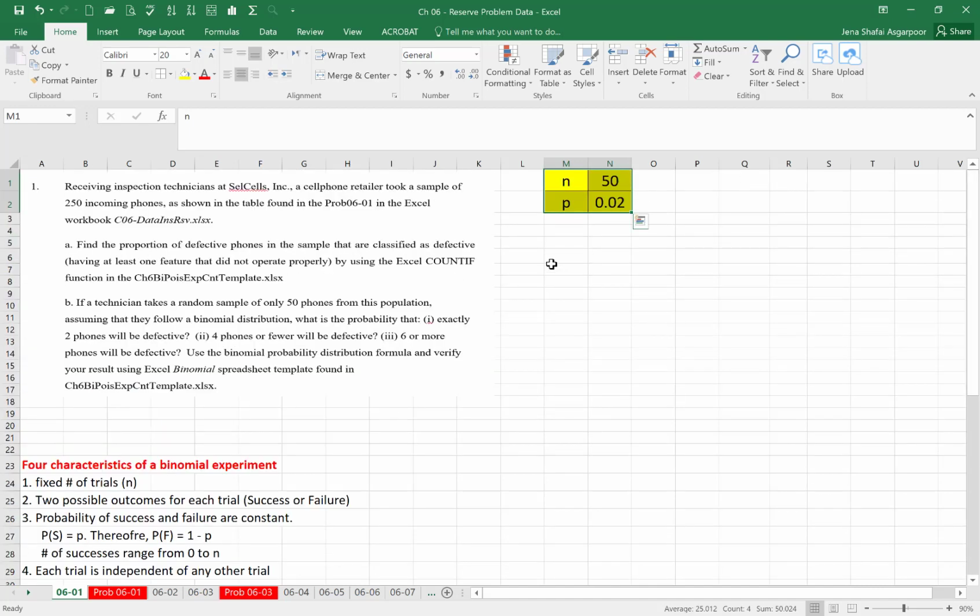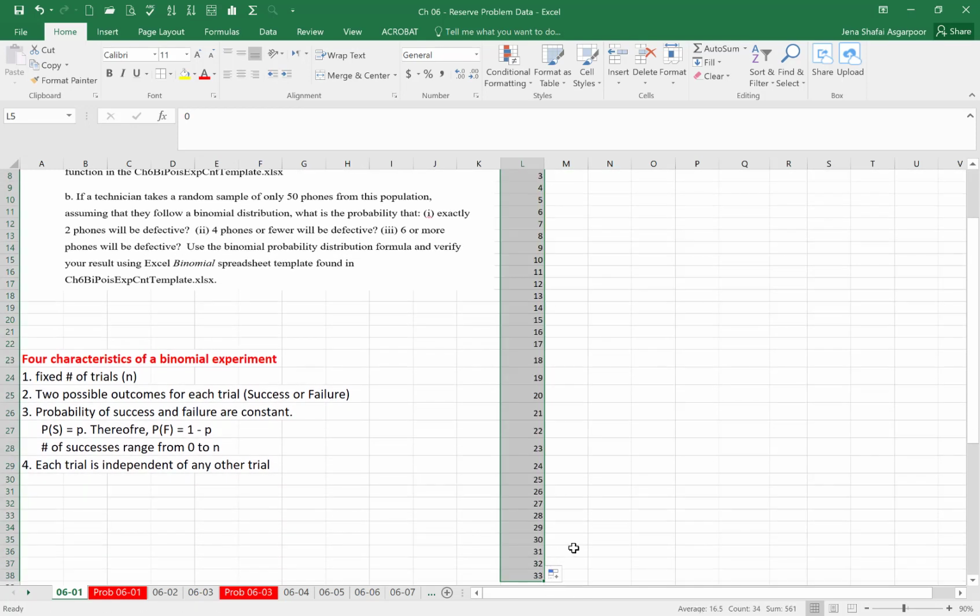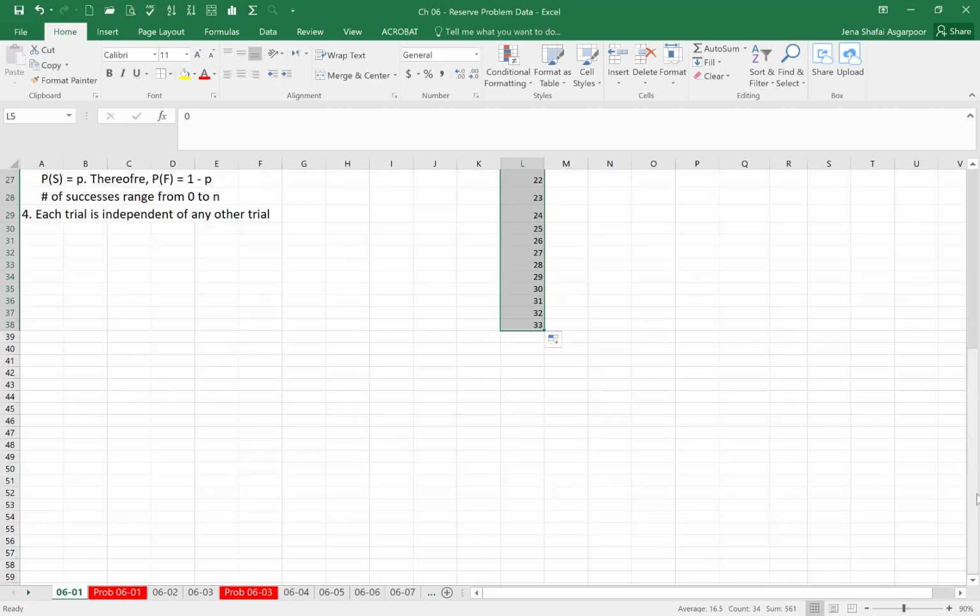So with that, we can define our X range, which is 0, 1, 2, 3, and I will copy that down to get about 50 or so.